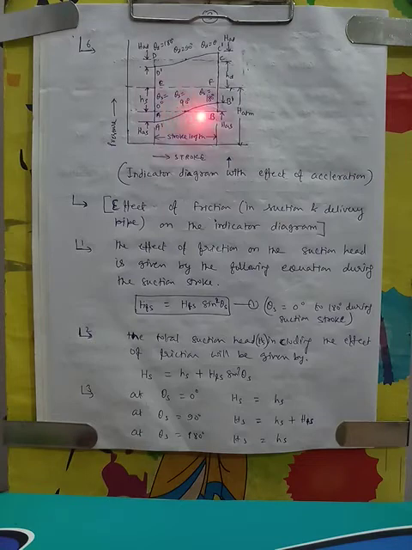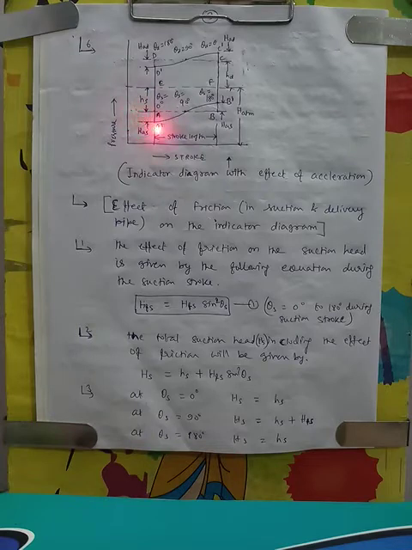And at the end of the suction stroke, theta is equal to 180 degree. Here I have written theta is 0 degree, theta is 90 degree, theta is 180 degree. So at theta is 180 degree, the head will reduce. This is the ideal head, HS. So the quantity HAS will be subtracted from this. So these 3 points we got.